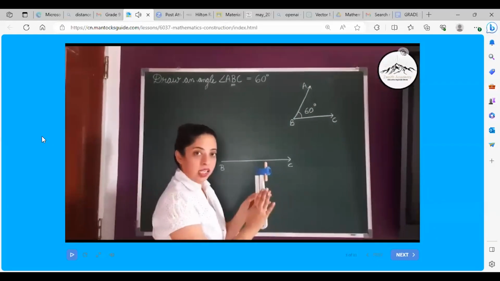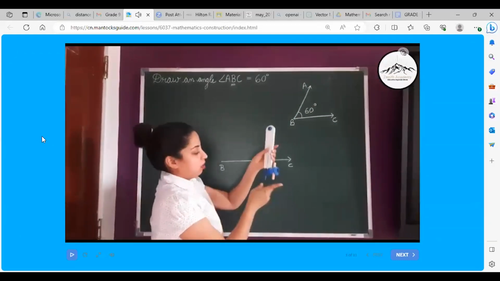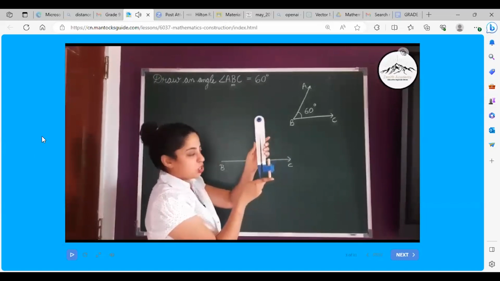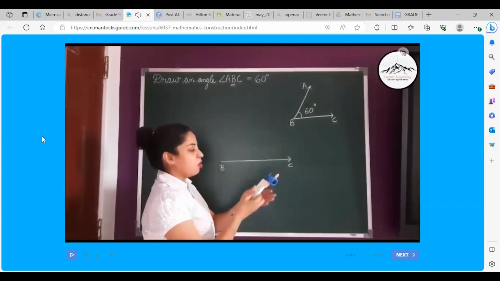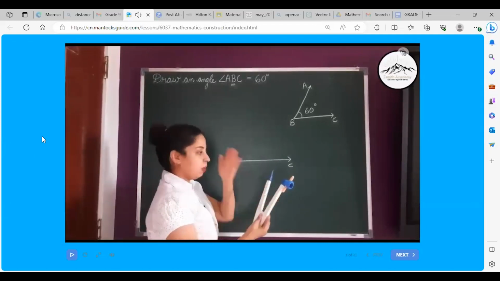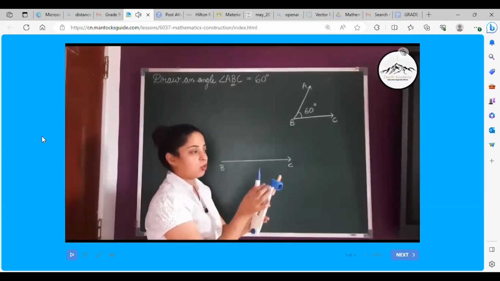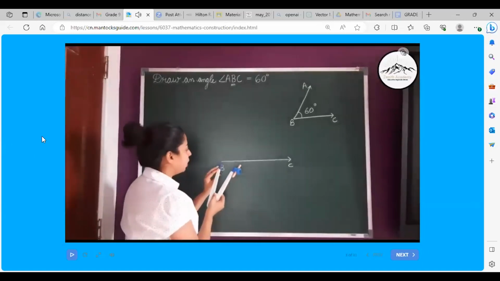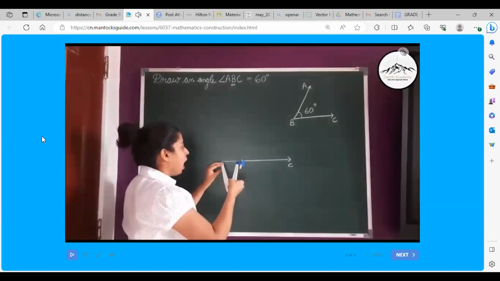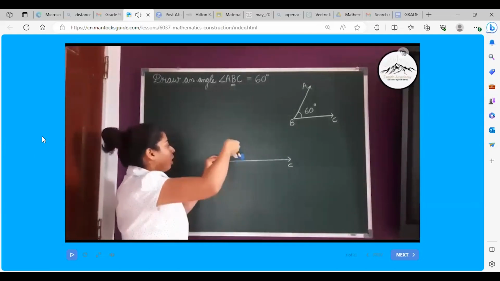After this, take your compass, keep your pencil in such a way that both the heights are same. Now stretch it to any measure of your choice. Then keep the pointer at B, and just draw this arc.